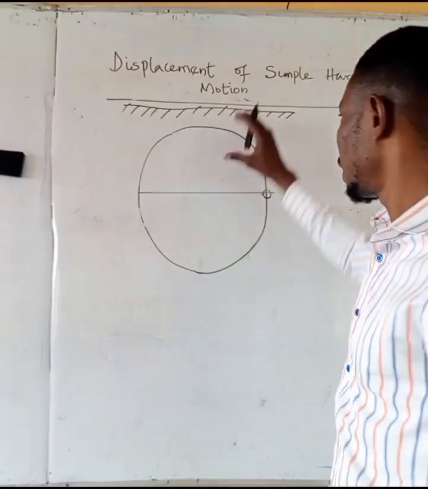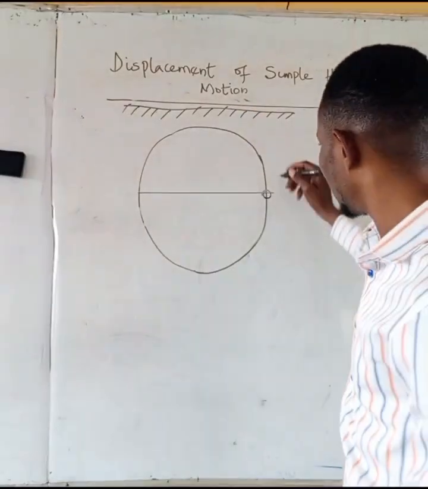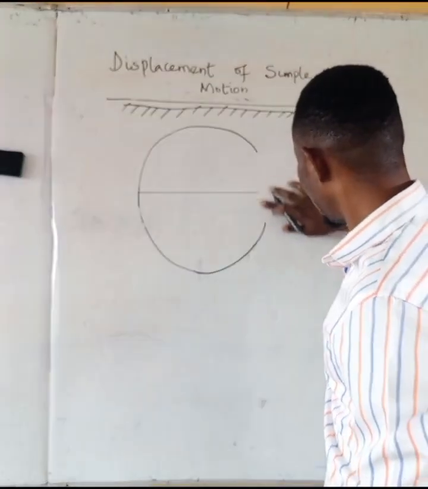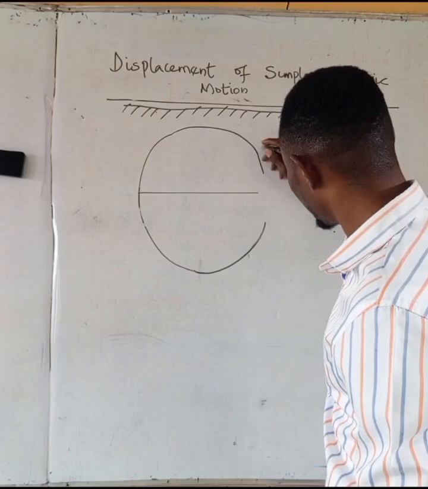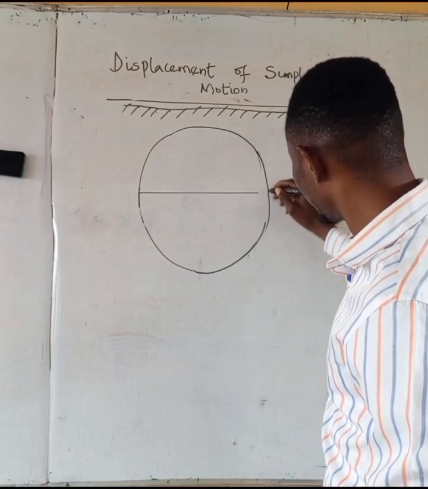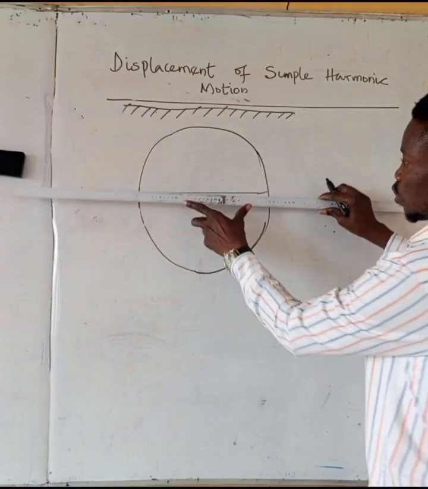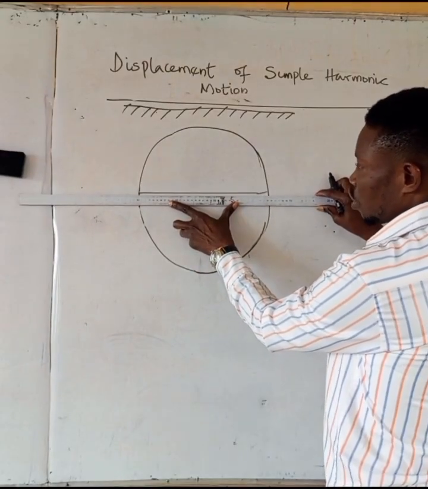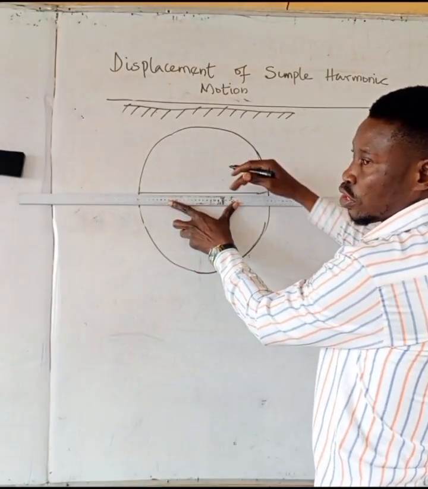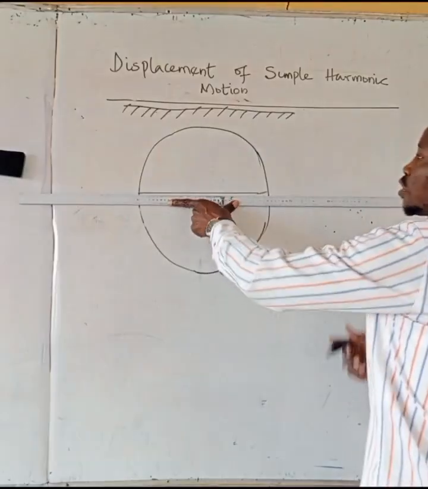So as the object moves, we will notice that, when I place the ruler here, it shows us the position of the shadow of the object as this object moves.